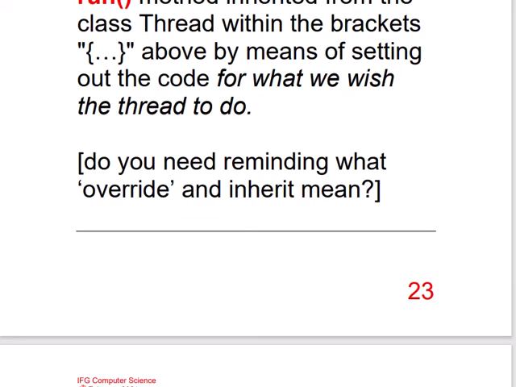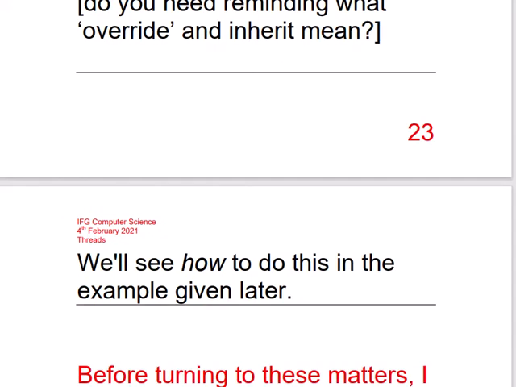So overriding simply means you're replacing the definition of a particular method with my own. What inherit means is that you literally inherit as your own all the things contained in the superclass.